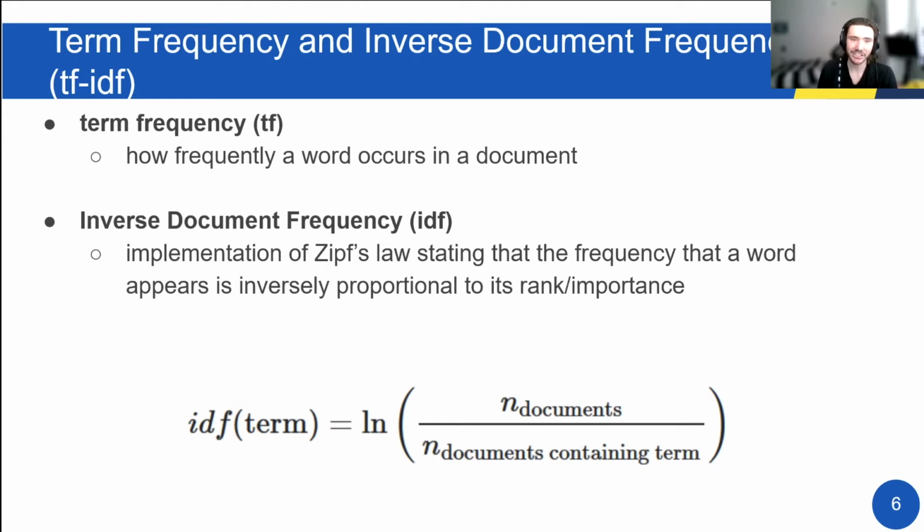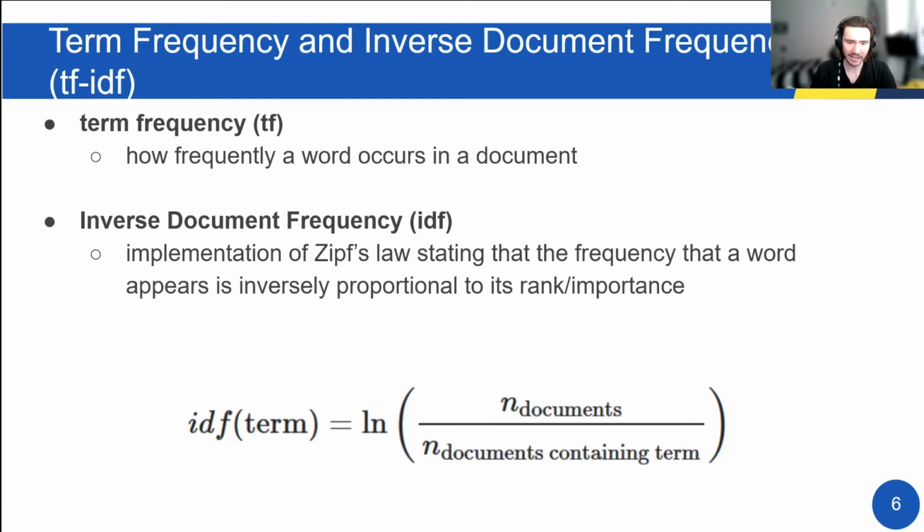And that is just the implementation of Zipf's law, stating that the frequency a word appears is inversely proportional to its rank and importance. So what they're saying here is the more often the word appears, the less important it really is. So we can kind of see that already. We saw that 'the' appeared the most often, but really it's not that important to us at all.